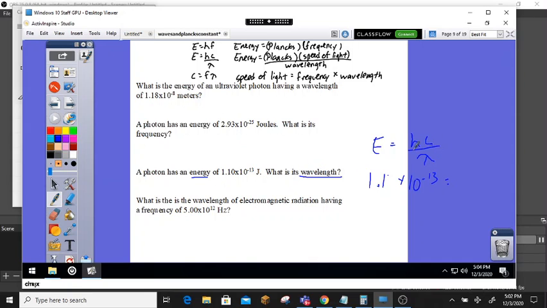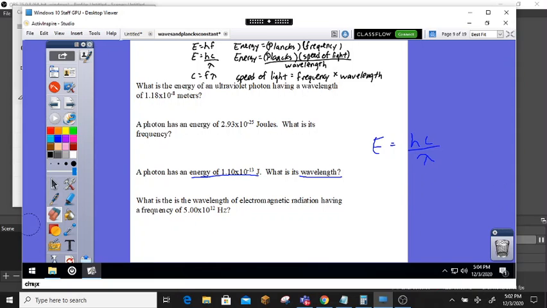We are using this formula. They are giving us the energy, so that goes there. H is always 6.62 times 10 to the negative 34. C is the speed of light, 3 times 10 to the 8. And you know what? Hold on. If you guys had room in your paper, that's great.